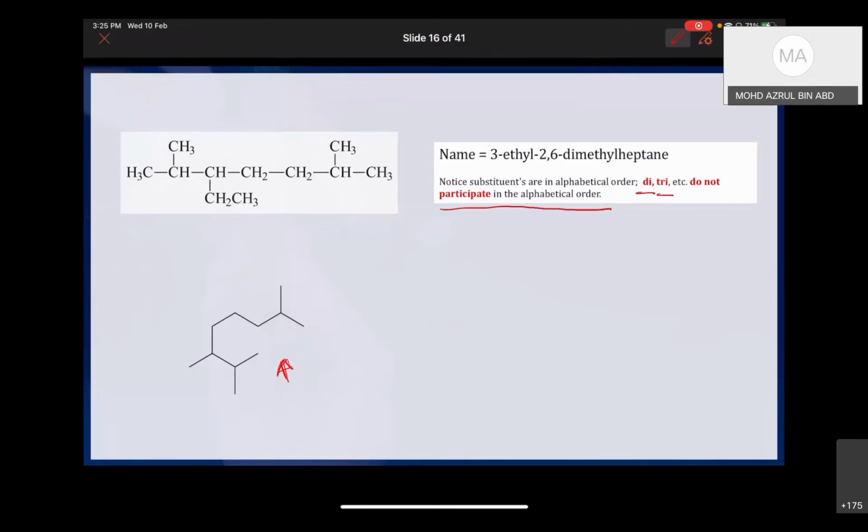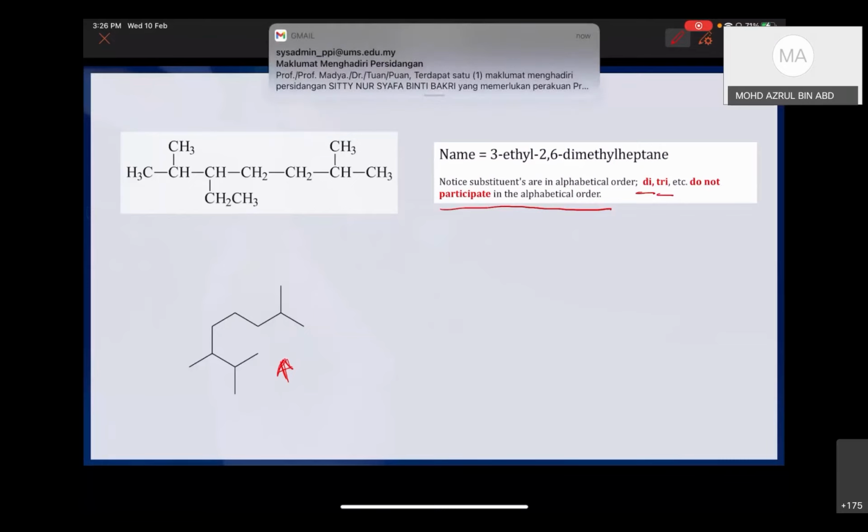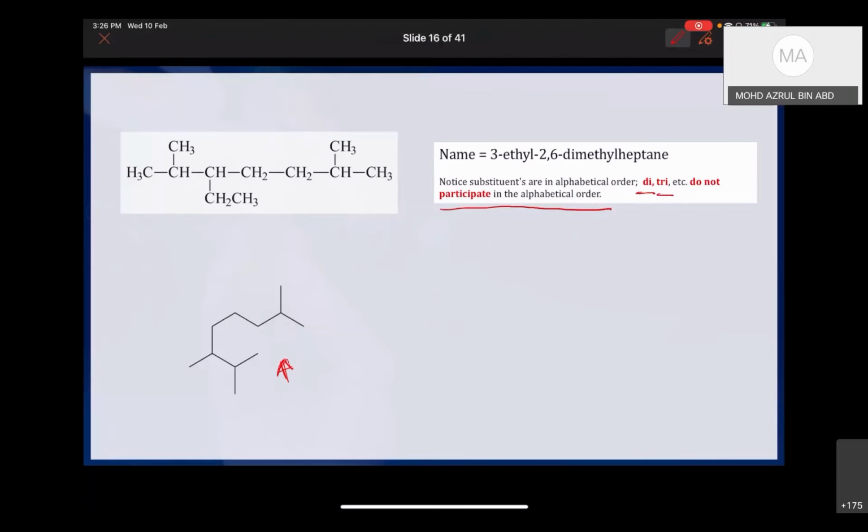The name of this compound is... Doktor, yes. 2, 3, 7 methyl octane.